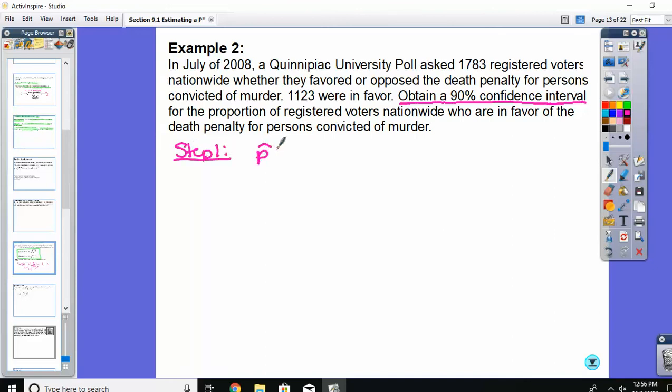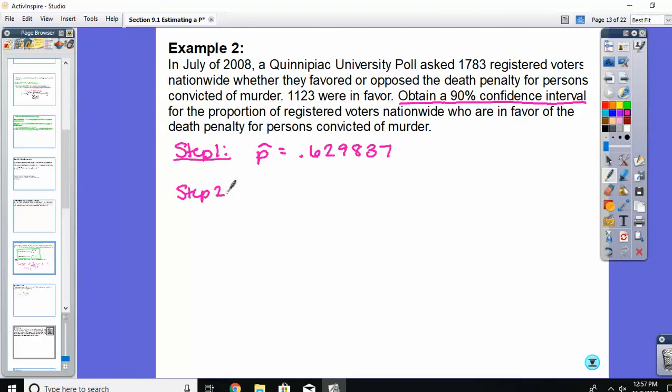And what did we get for our p-hat on example 1? It was 0.6237, is that right? Okay, so we got that just by doing the 1,123 out of the 1,780. So that's our point estimate.